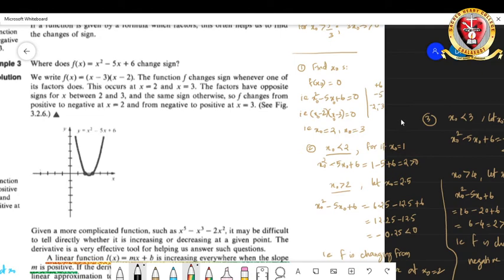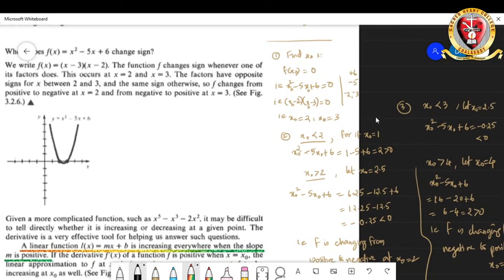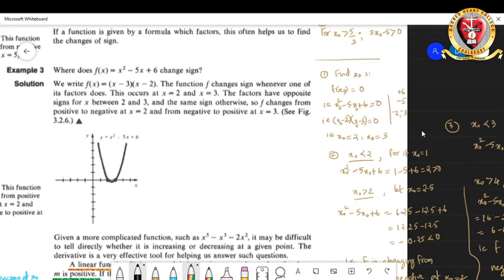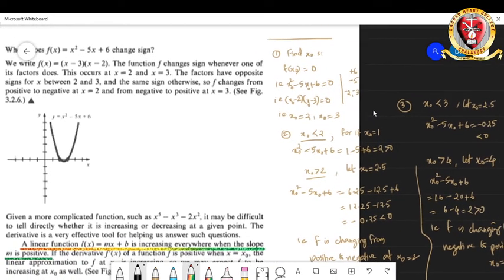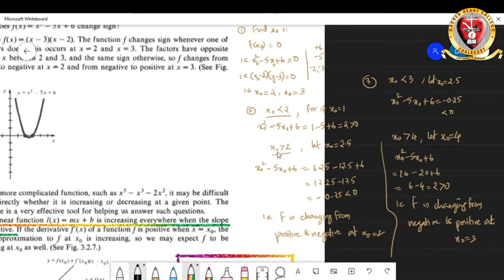So you have to check for the same criteria which we saw in example 2. You have cases here. So you have to check for x naught strictly less than 2, x naught strictly greater than 2, then x naught strictly less than 3, and x naught strictly greater than 3.